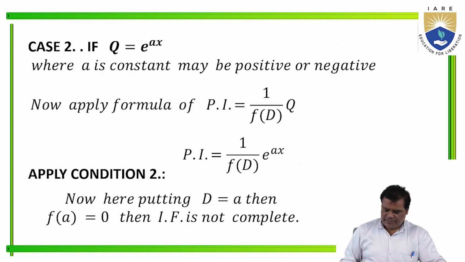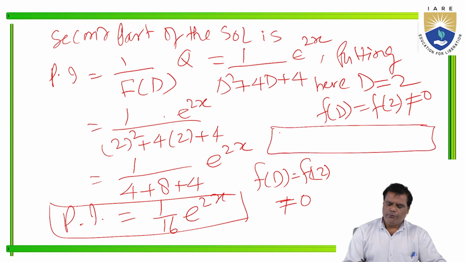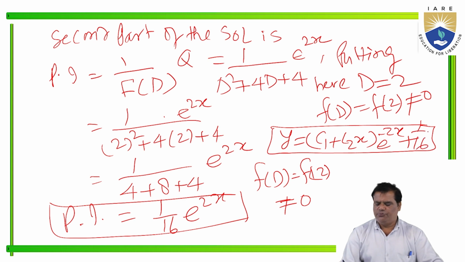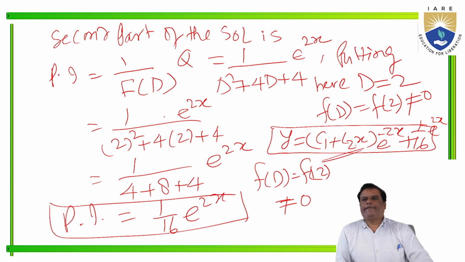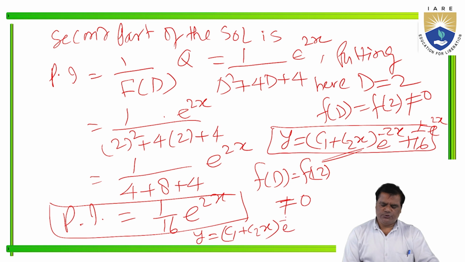So now the complete solution is y equal to (C1 plus C2x) e to the power minus 2x plus 1 upon 16 e to the power 2x. This is the complete solution, and this is the answer.